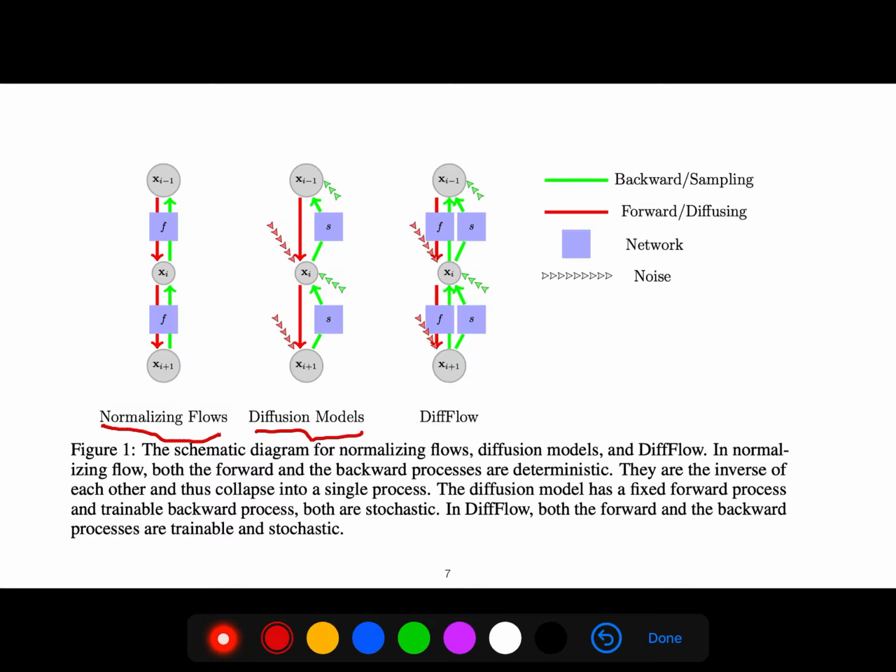The diffusion process has a fixed forward process and a trainable backward process. Of course, even the forward can be learned. But here you see in this picture, the diffusion has a fixed forward process and a trainable backward process. Both are stochastic. In DiffFlow, the model of this paper, both the forward and backward are trainable and stochastic.